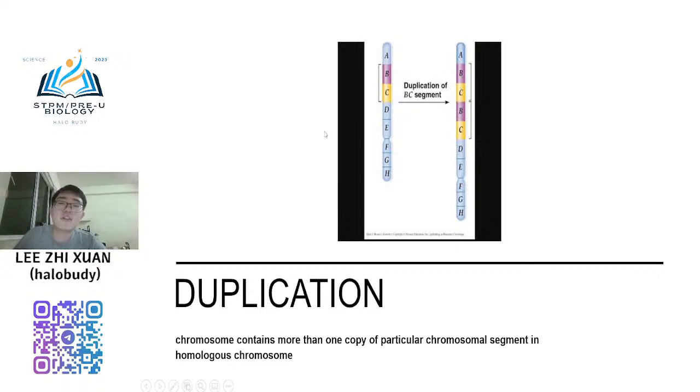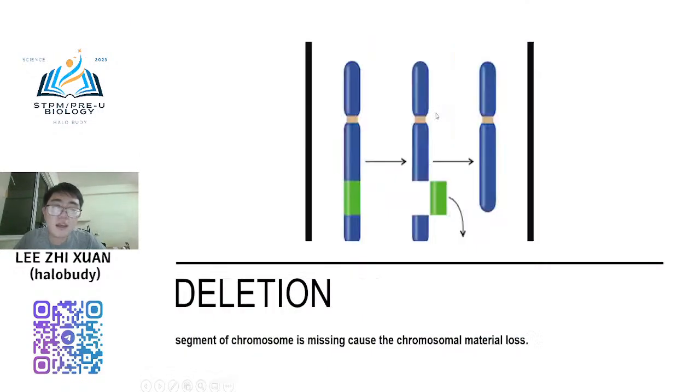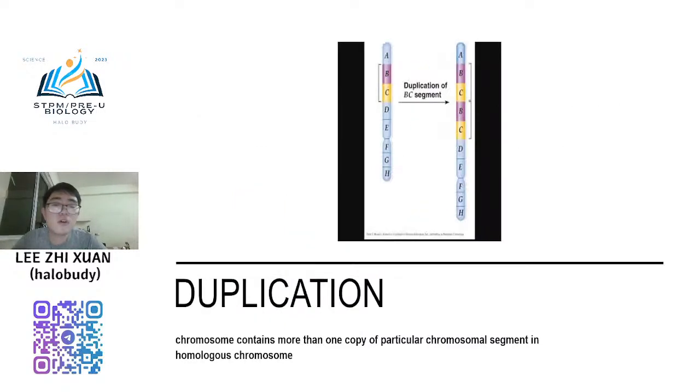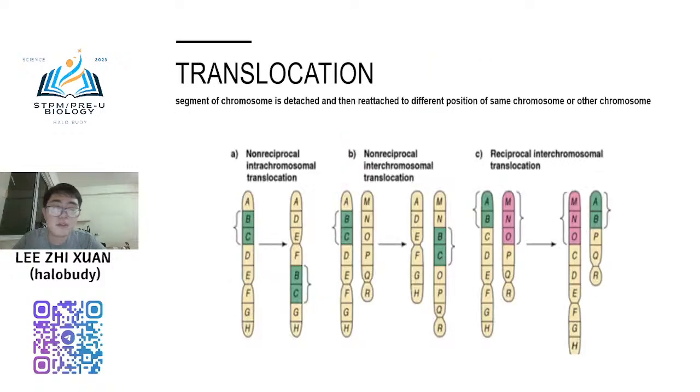So this is about duplication. Hopefully you guys know. Normally translocation can make you confused, but actually it is very easy. I hope I explained it well. If you don't understand, just type in the chat box.